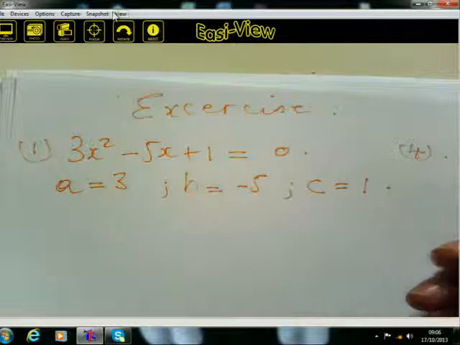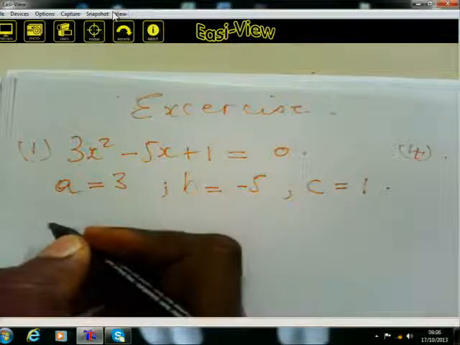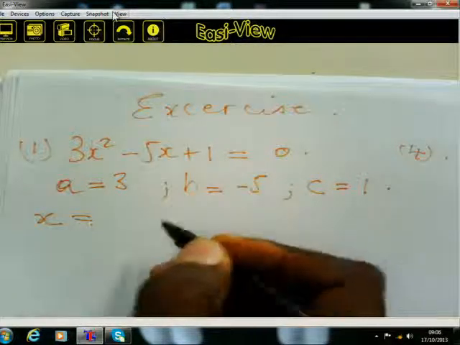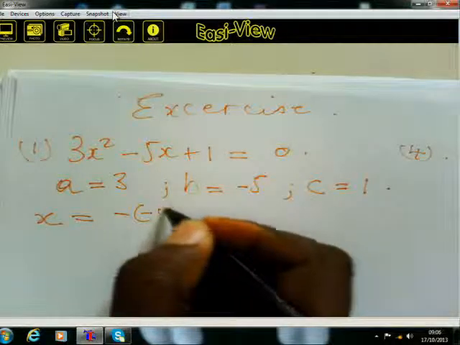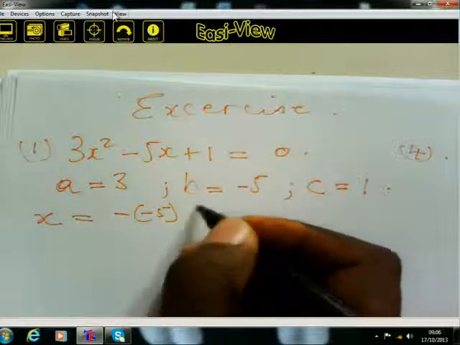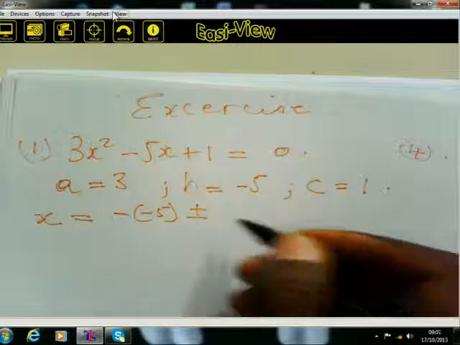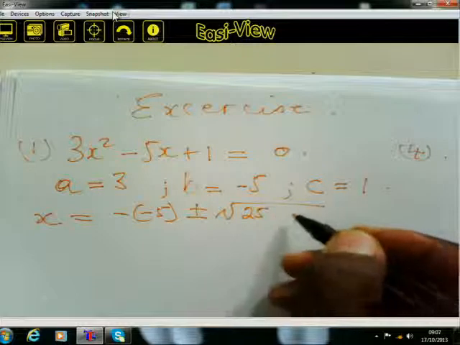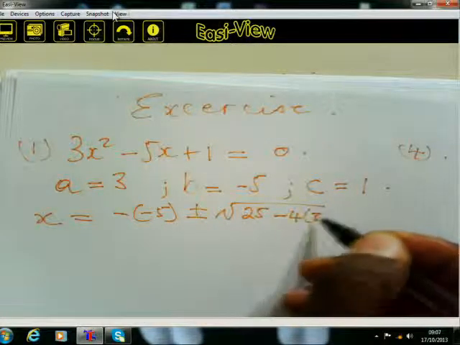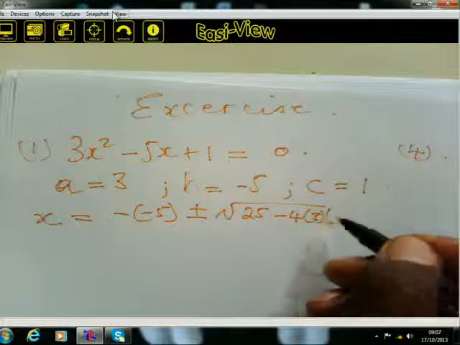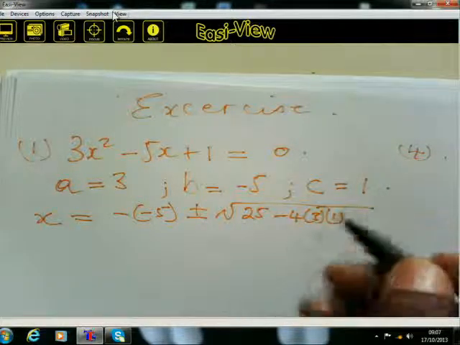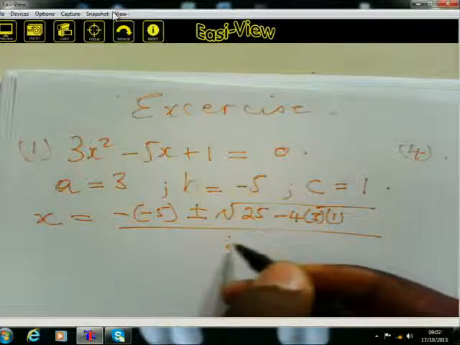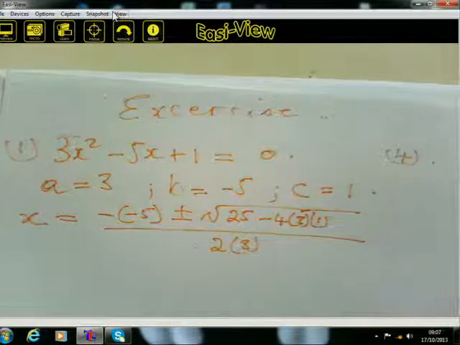Now, what happens is this. If we are to substitute in the formula, then x is going to be equal to minus 5, plus minus the square root of 25 minus 4 into 3 into 1, all over 2 into 3, 2 times 3.